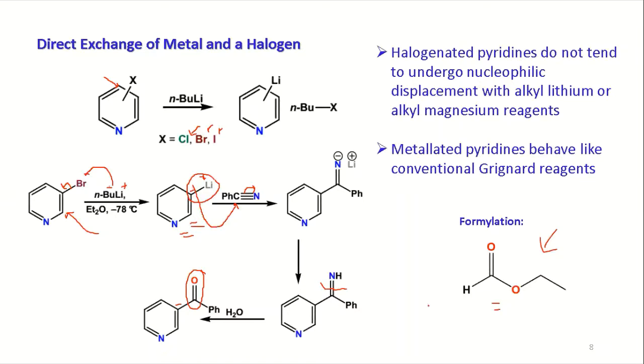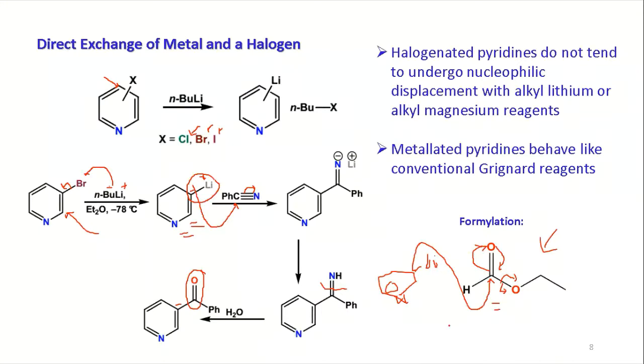So this negative is going to attack this carbonyl carbon, and the ethoxide will come out. Understood? So suppose you have nitrogen, you have done the lithiation here. This is Li. Now this negative charge, this pyridyl group, is attacking here, and an ethoxide is going to come out. So this way you can do formylation here.